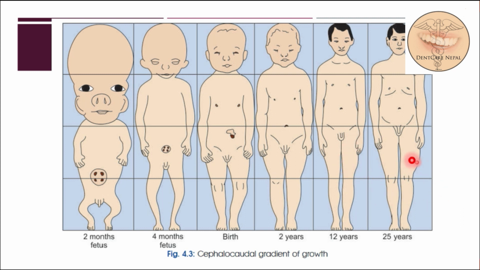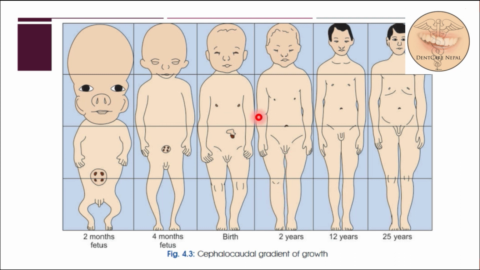More growth occurs in the lower extremity than in the upper, and even within the head, more growth occurs in the lower jaw than in the upper, because it is farther from the brain. So what is the result? Acceleration in mandibular growth relative to the growth of the maxilla will result, and differential jaw growth is noted.